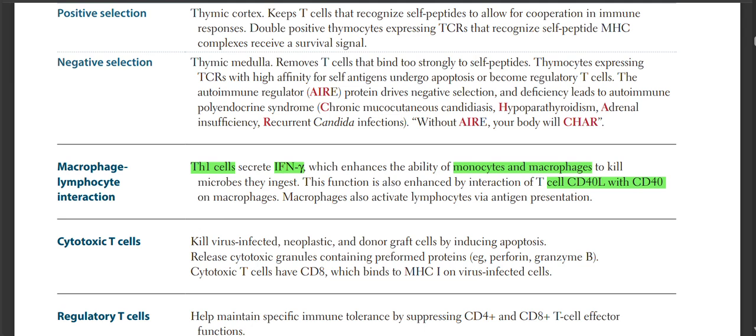Now, any kind of receptor has two components: the receptor itself and the ligand. The ligand is the part which attaches to the receptor. In this case, the T cells have the ligand, and the macrophages have the receptor. So when there is a binding of the CD40 ligand and the CD40 receptor, the macrophages will be supercharged. They'll be more aggressive for phagocytosis.